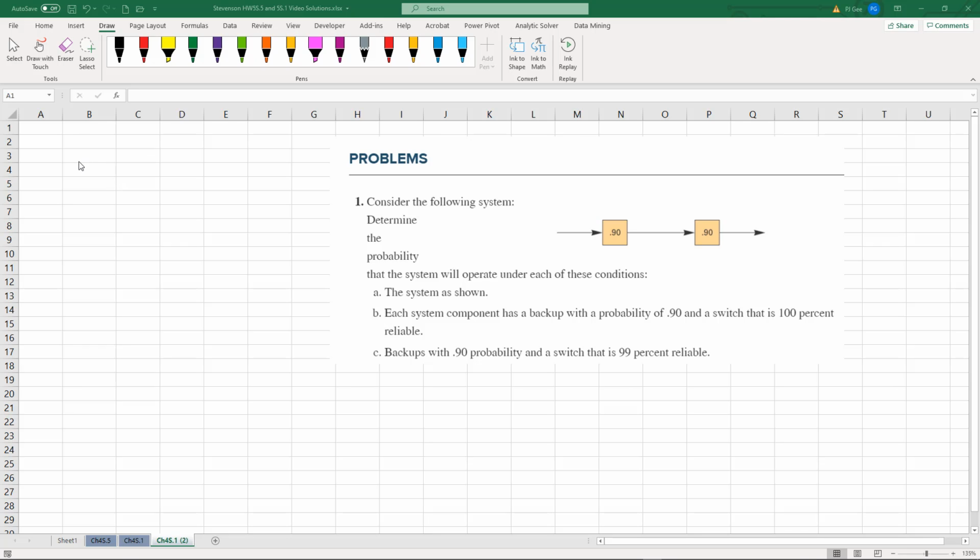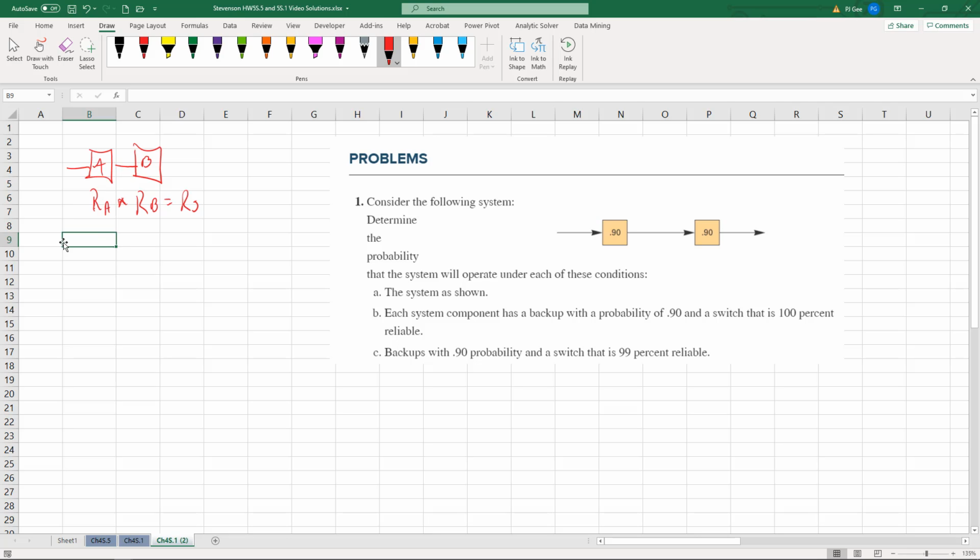Okay, so the whole approach to this is that we have systems that have sequence to them, like a sequential system, A and B, like we have in the picture over here. To find the reliability of that is pretty straightforward. Reliability of A times the reliability of B is equal to the reliability of the system. So let's put that in here right now and get that out of the way.